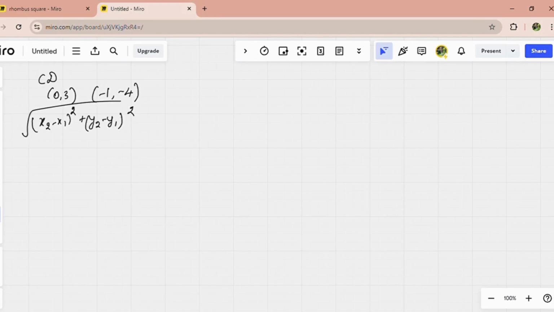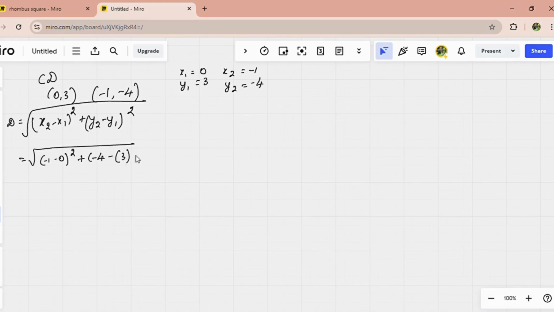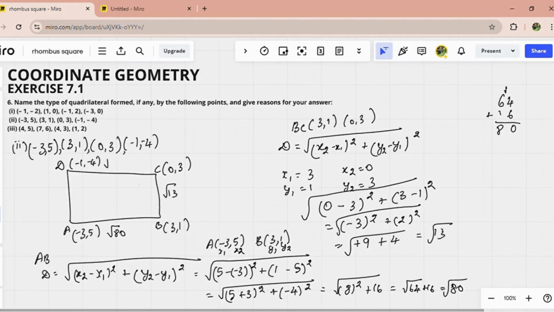Here x1 equals 0, y1 equals 3, x2 equals minus 1, y2 equals minus 4. Substituting, (minus 1 minus 0) the whole square plus (minus 4 minus 3) the whole square, which equals root of minus 1 square plus minus 7 square, which is equal to root of 1 plus 49, which is root of 50. So CD also gives a different answer, root of 50.